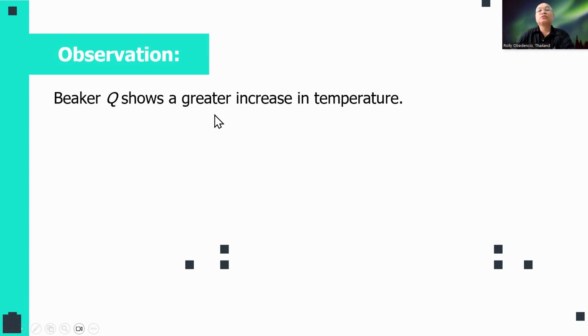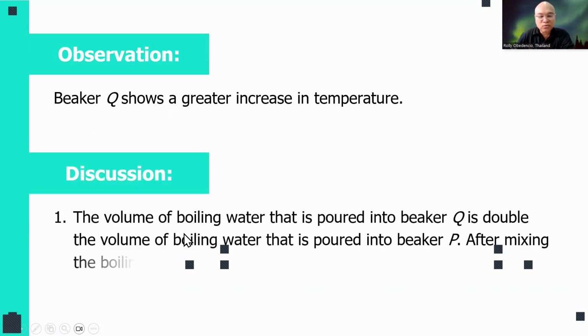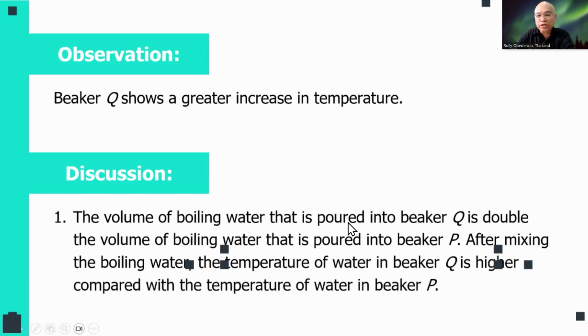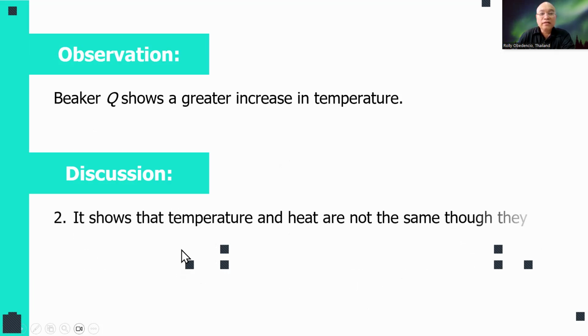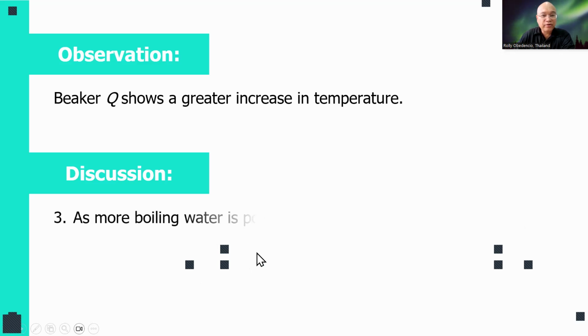Beaker Q shows a greater increase in temperature. Discussion. One, the volume of boiling water that is poured into beaker Q is double the volume of boiling water that is poured into beaker P. After mixing the boiling water, the temperature of water in beaker Q is higher compared with the temperature of water in beaker P. It shows that temperature and heat are not the same, though they are closely related to each other.